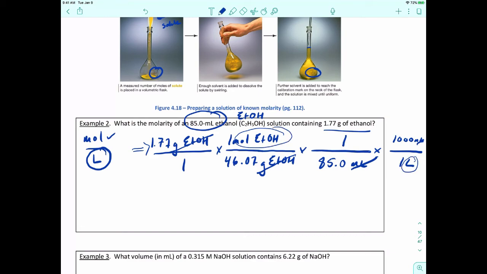You've got liter on the bottom. So there you go. You got moles per liter. By definition, that's molarity. So math-wise, we're looking at 1.77 times 1,000 divided by the product of 46.07 times 85. So that number that I got was 0.452 molar. And so that's how you would express that answer.